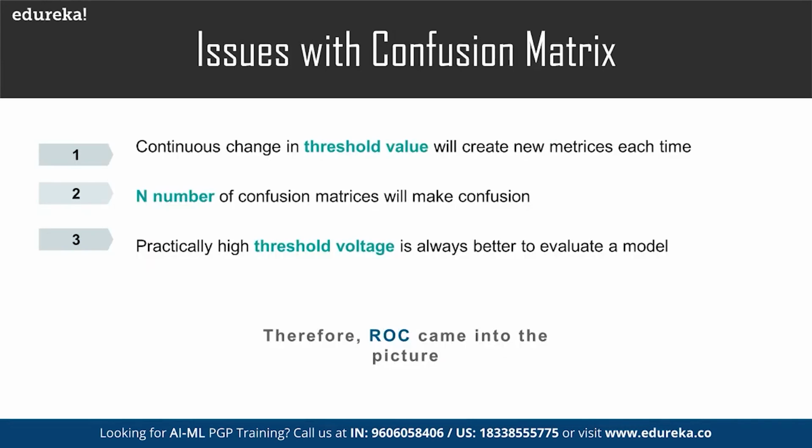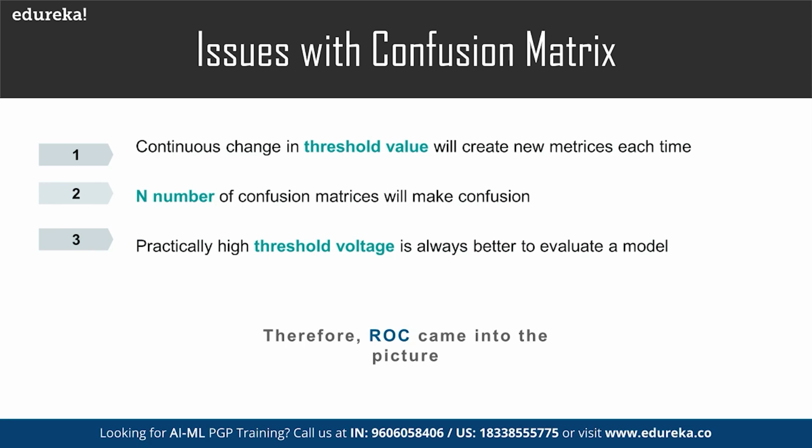Next, issues with this. What are the limitations of the confusion matrix? Why are there different evaluation metrics when we have such a confusion matrix in place? I already talked about it. We only have one fixed threshold value, because in real-time predictions, online learning predictions, and also batch predictions, we get a continuous threshold.